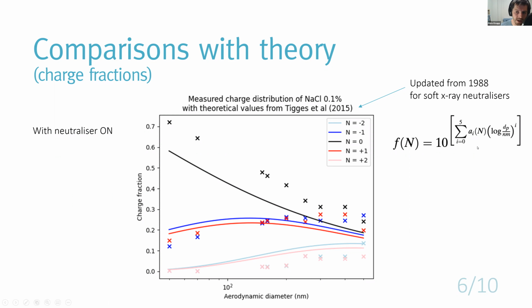But this equation only goes up to a charge state of 2. There's a slight imbalance between the positive and negative due to the mobility of the positive and negative charges.